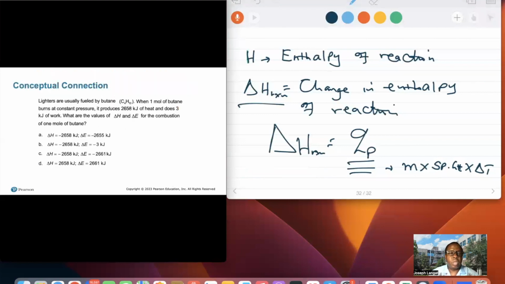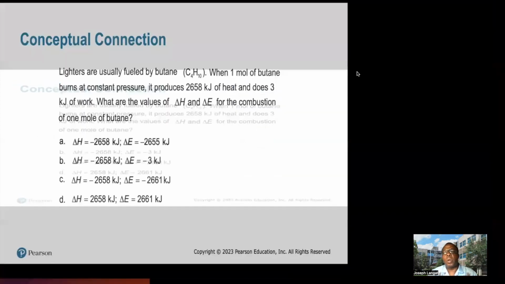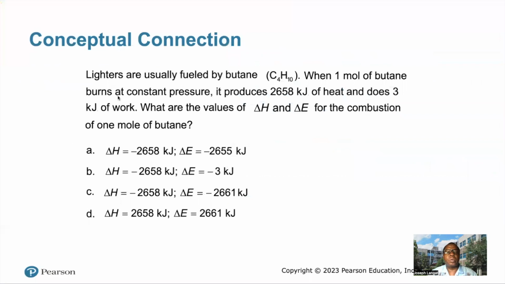Here is a conceptual question still on combustion of butane, C4H10. When 1 mole of butane burns or combusts at a constant pressure, it produces 2,658 kilojoules of heat. That's for 1 mole, and it does 3.8 kilojoules of work.